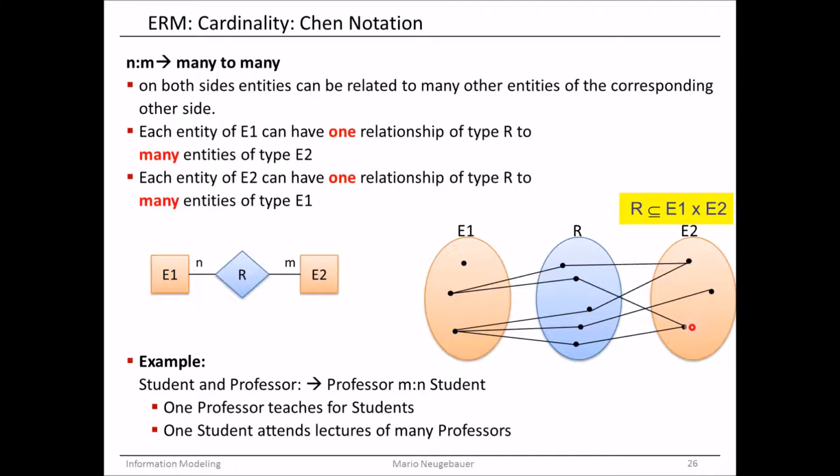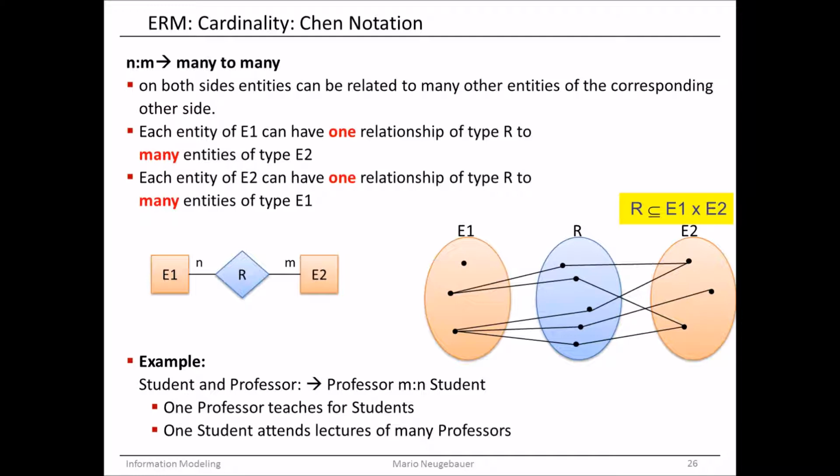set E2. And if you look at the other entities in E2, then this entity as well maintains two connections to the first one in E1 and the other one in E1. So both sides, both entities maintain many connections to entities from the other side.